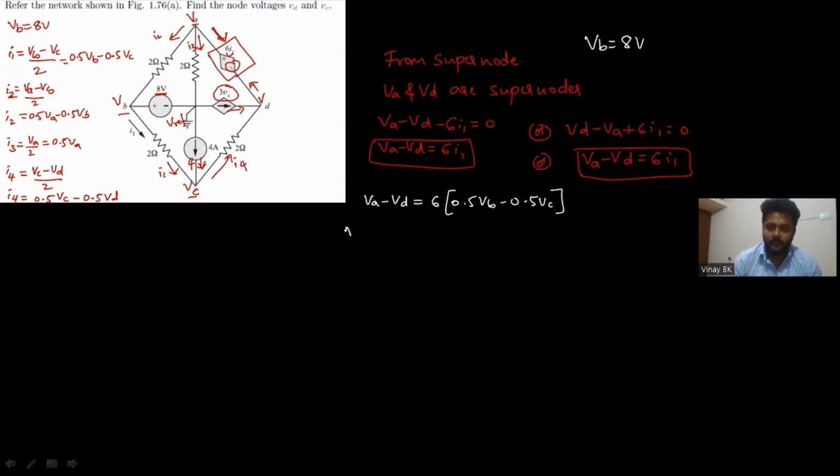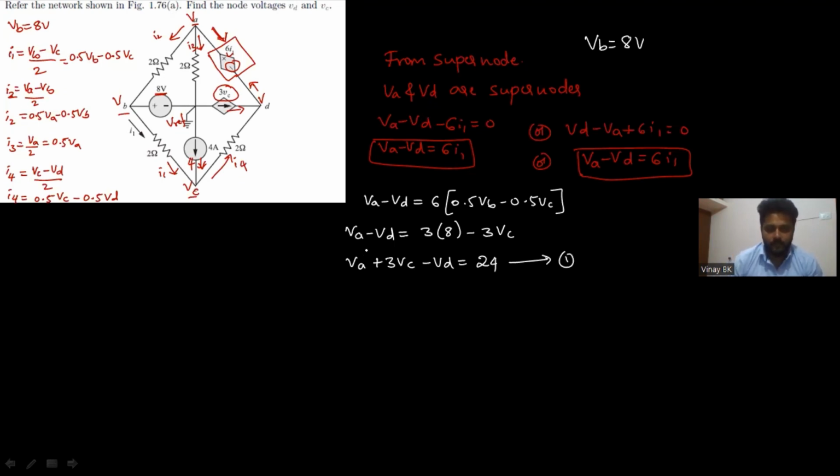So you can rewrite VA minus VD equals 6 into 0.5, which is 3 VB, whereas VB is nothing but 8 minus 3 VC. So you can rewrite VA plus 3 VC minus VD equals 24. This is equation 1.